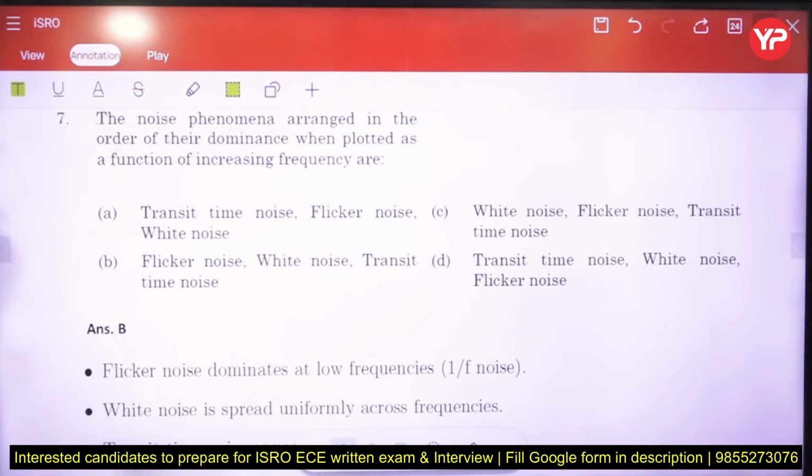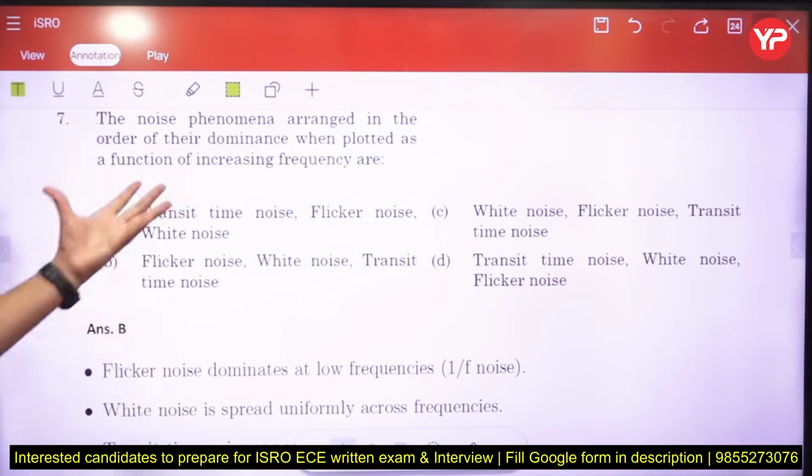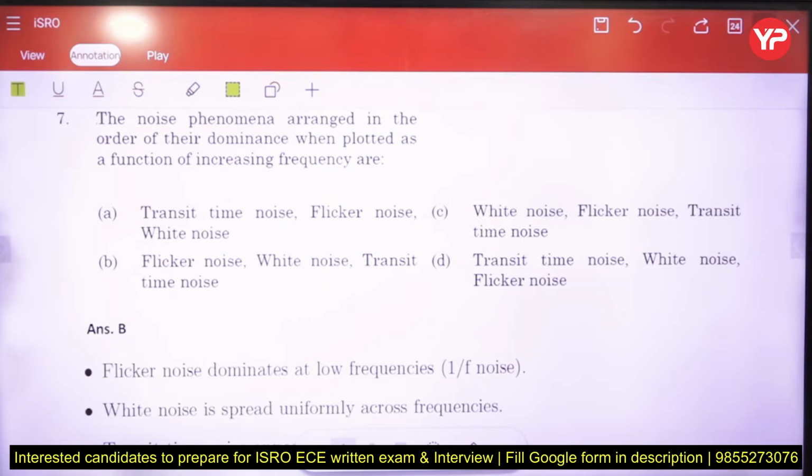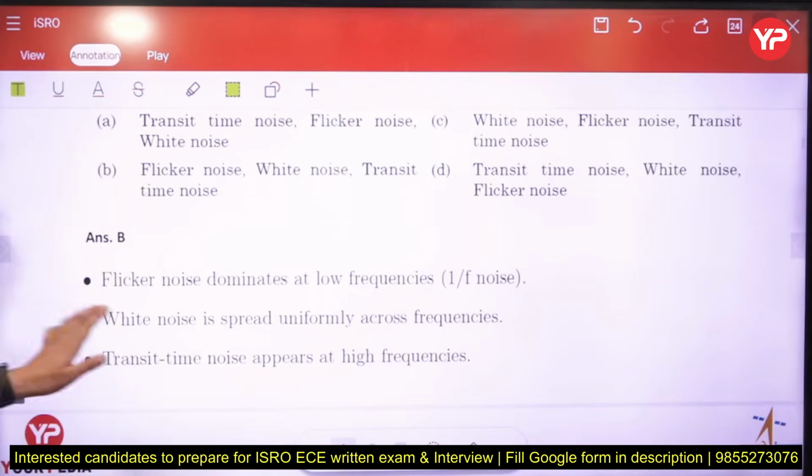Right, the noise phenomena arranged in the order of their dominance. We can say this question is of difficult level, because we generally don't study these types of noises in terms of frequency. But if we consider the noise phenomena arranged in the order of their dominance when plotted as a function of increasing frequency: flicker noise is dominant at low frequency because it is inversely proportional to frequency.